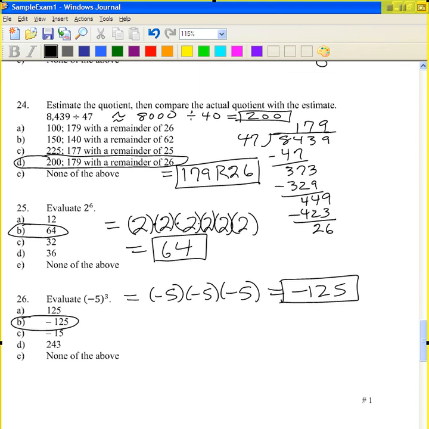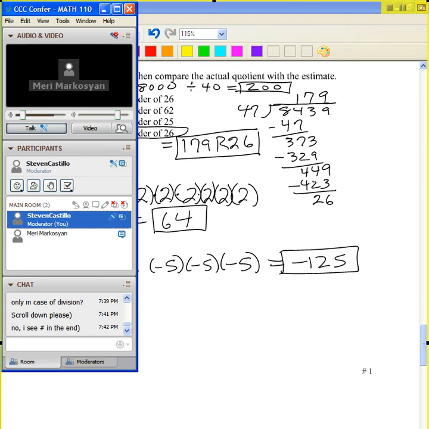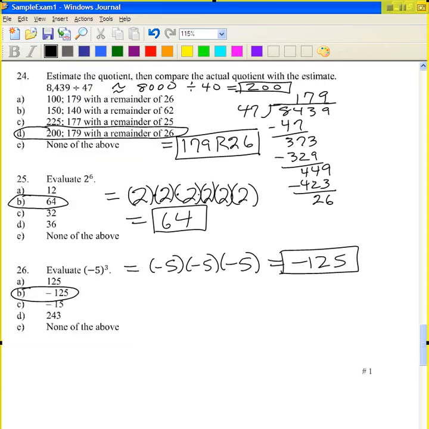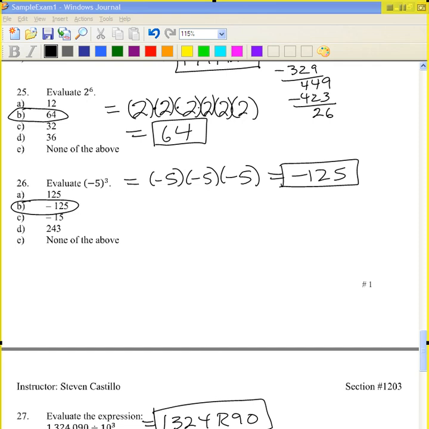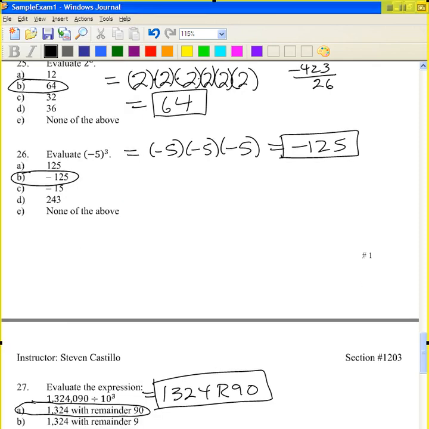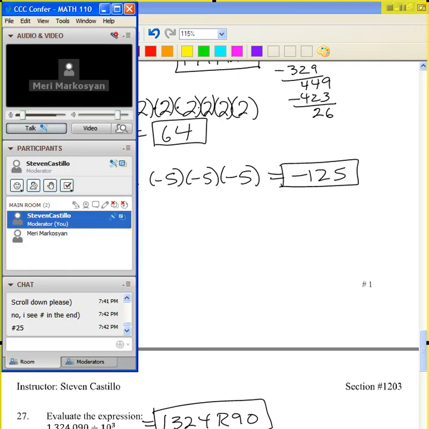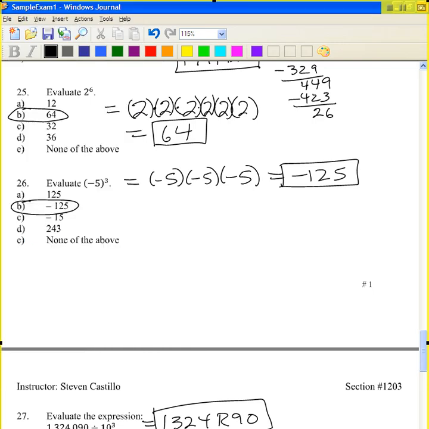Okay. Well, let me check if what you said is okay. No, I see number 25 in the end. Okay, so let's see. Did you want me to? Okay, so I guess I'll ask you. Do you want me to scroll back up even higher?